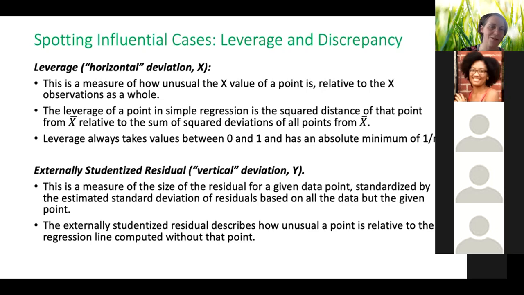But that is not the whole story. We also have to take into account another measure, and that is the vertical deviation, the deviation on the y dimension, our outcome variable. In order to determine this deviation, we are looking at the externally studentized residuals.